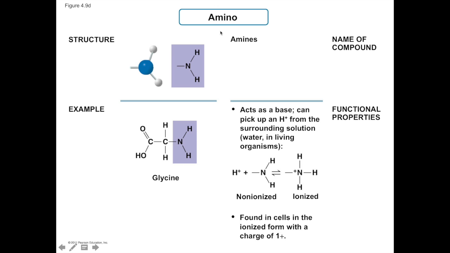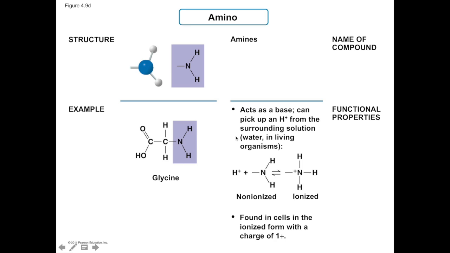The amino group is one that instead of having oxygen, it's got nitrogen in that functional group. And amines, while carboxyl groups functioned as acids, amine groups function in cells as a base. They can pick up protons from the surrounding solution.